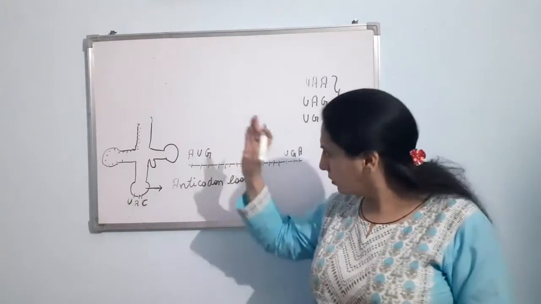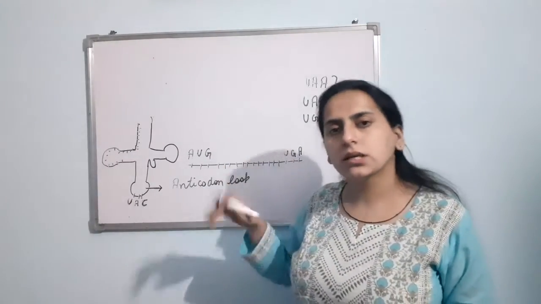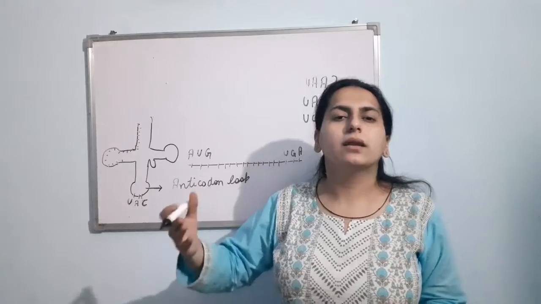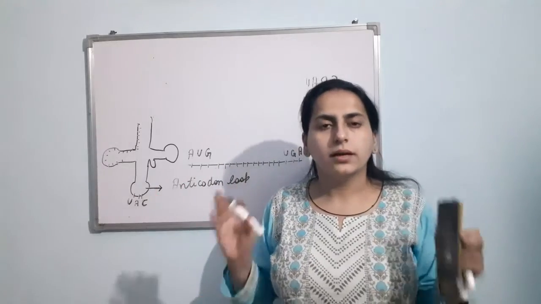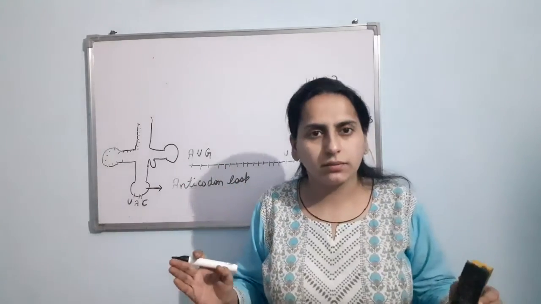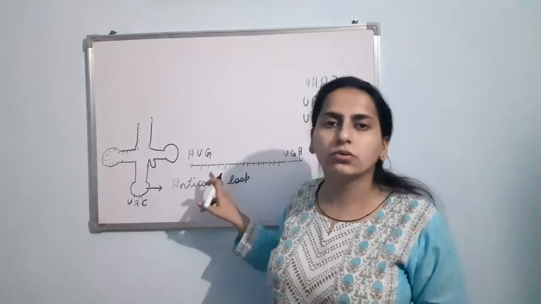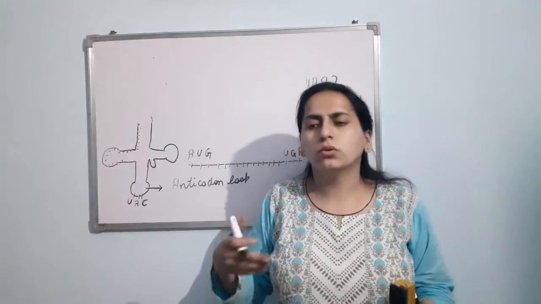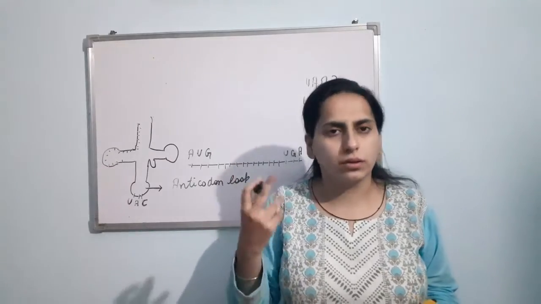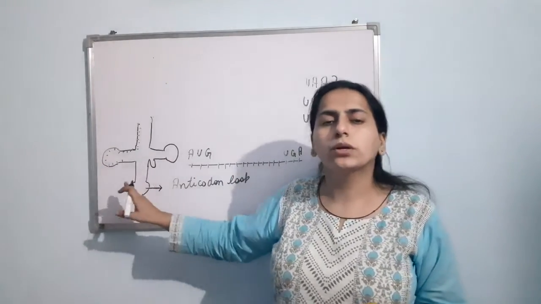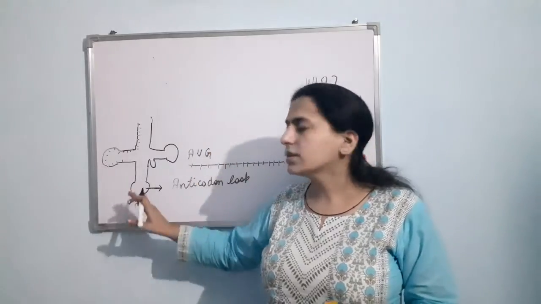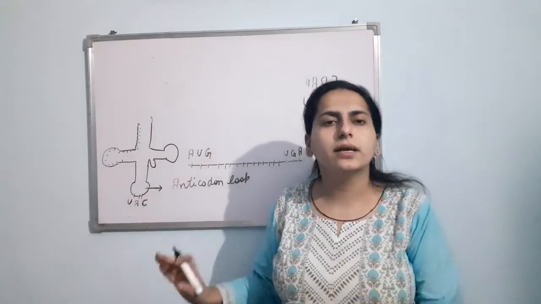So for all the different codons, different tRNA molecules are there. tRNAs are specific. And this tRNA, as it is going to bind with AUG, which you know is the initiator codon, is known as the initiator tRNA.